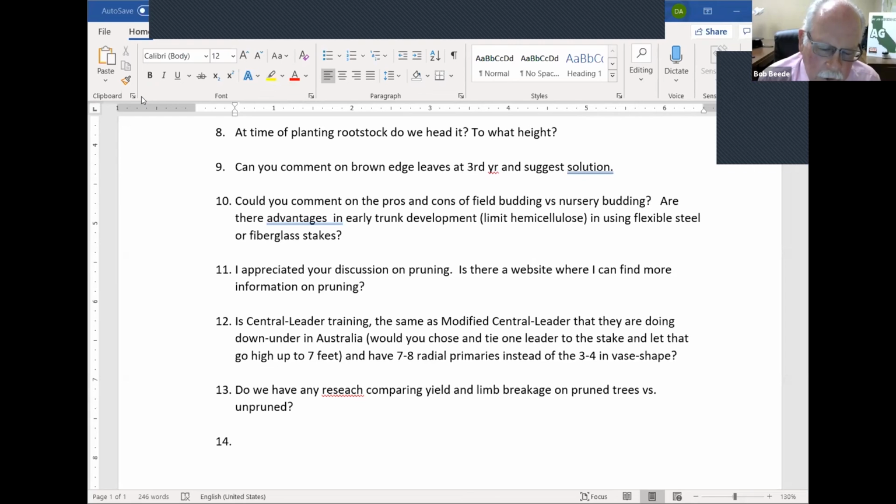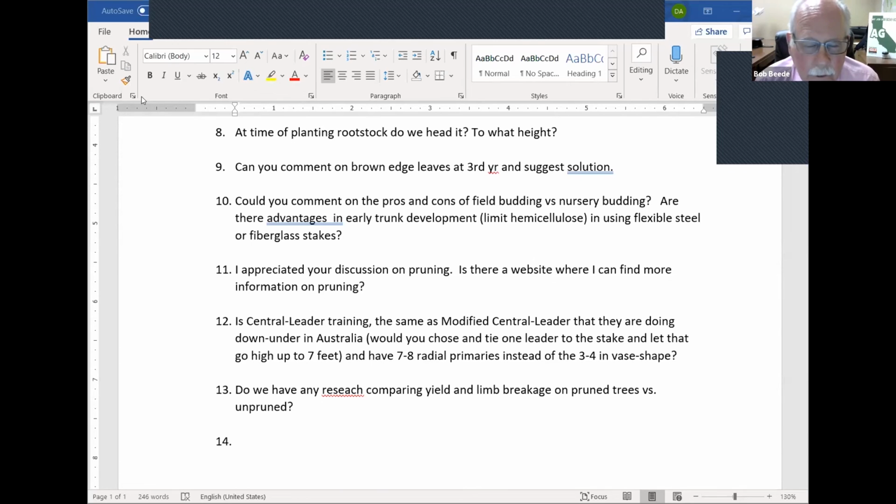The biggest problem with nursery budding is there's not enough of those trees to go around. And you talk to the nursery people, you have to put an order in for pre-budded trees. If you want them for 2021, you would have had to put an order in March of 2020 because they're very costly to produce, and they're also harder to handle in the field.